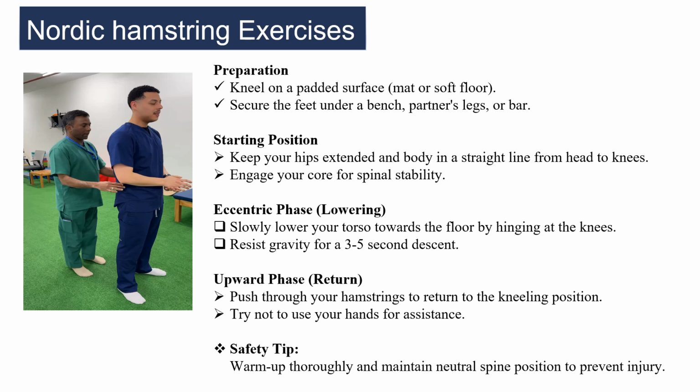So let's see how to perform the Nordic hamstring exercise. This is me asking my colleague to demonstrate it. In preparation, let the patient kneel on a padded surface and secure the feet. As a starting posture, keep the hips extended and the body in a straight line from head to knees.